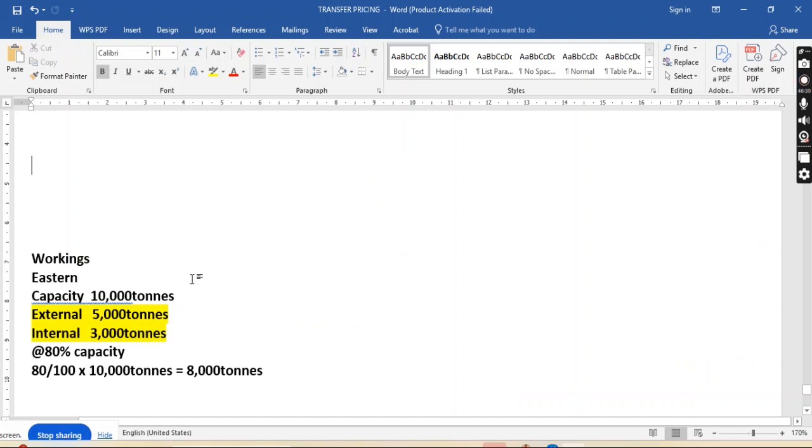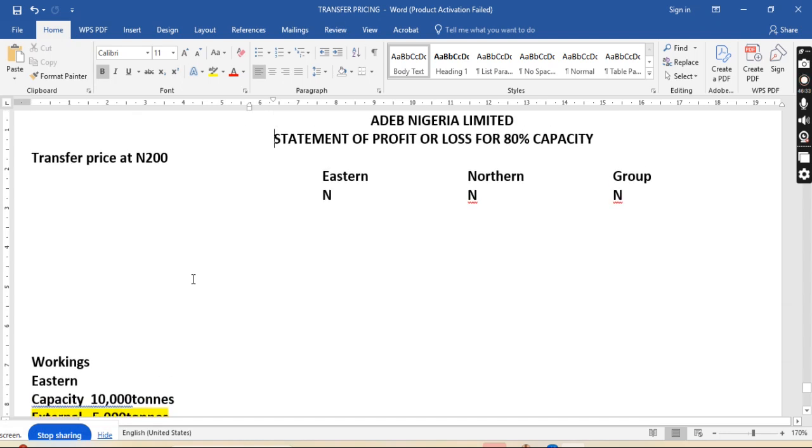So for the transfer price, we go to internal sales. Don't forget, there are two; we'll do them one after the other. We'll do internal sales for Eastern.